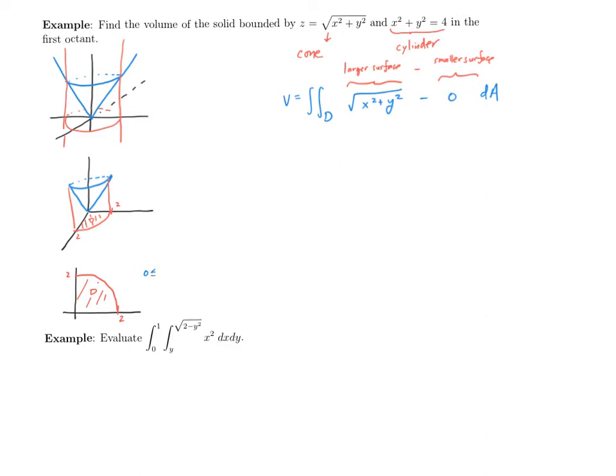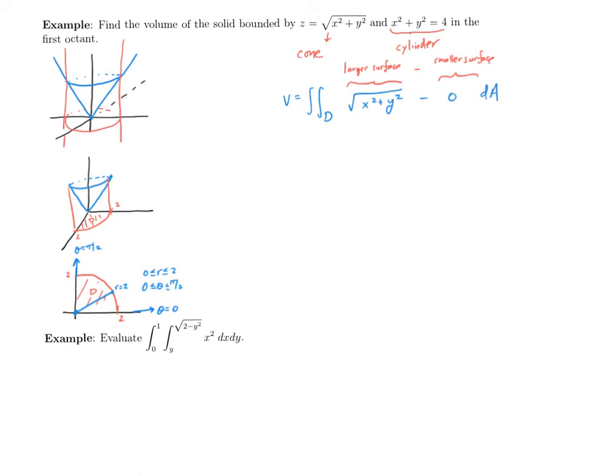Note the r values are varying from 0 to 2. 0 is at the origin. You can go all the way until you hit r equals 2. And the theta values are varying from theta equals 0, which would correspond to that horizontal axis, up to where we hit theta equals pi over 2.